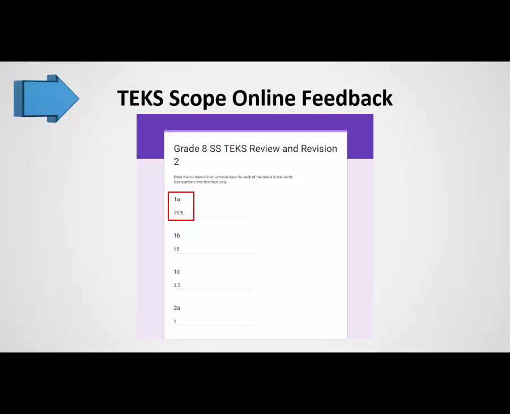In this example, the number of days reported for Grade 8 1A student expectation is 19.5 days. Remember that the student expectations for the Social Studies skills strand, also known as process standards, will not be listed. When you have finished entering a number for each standard, select the Submit button at the bottom of the page.